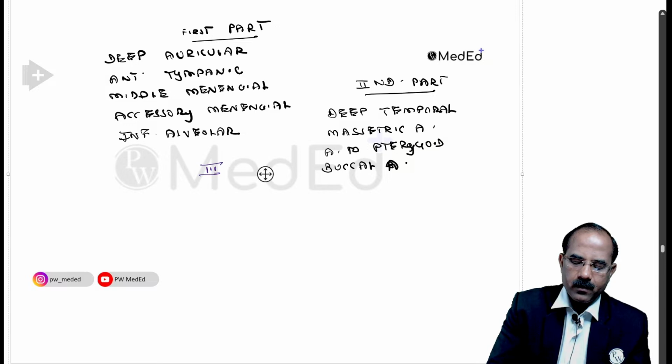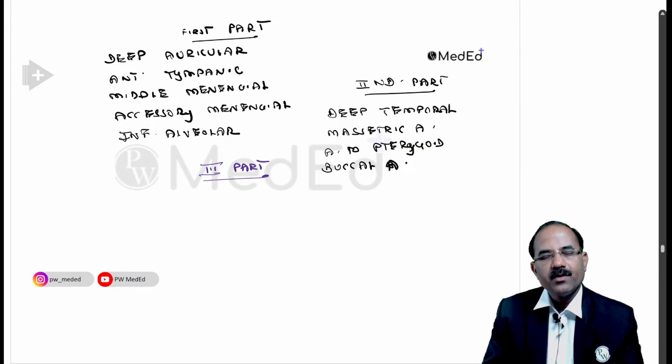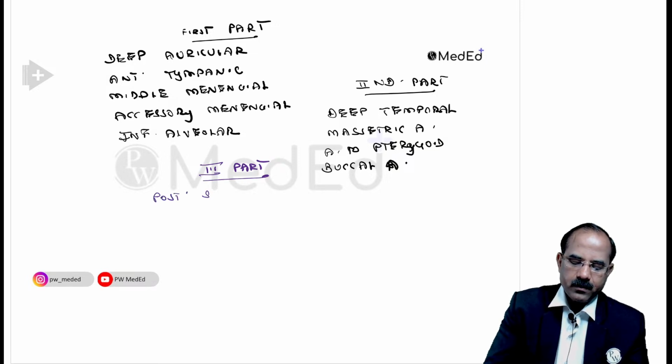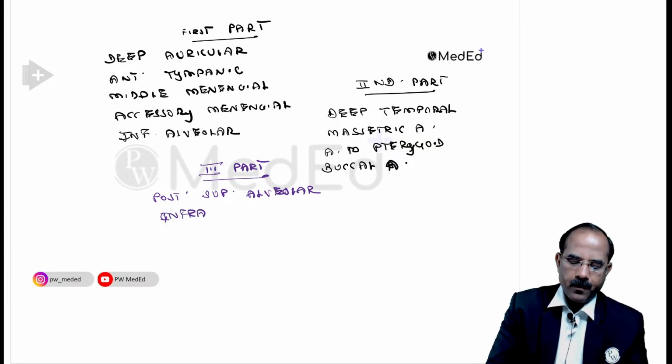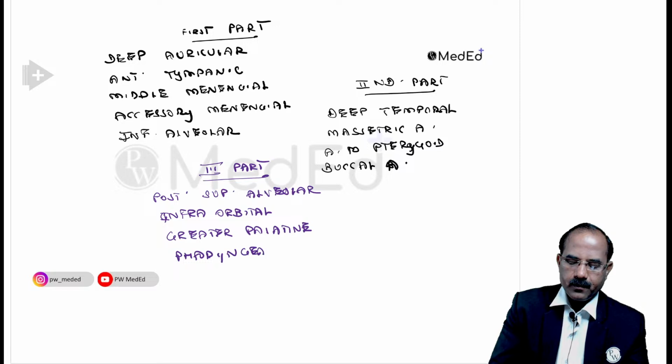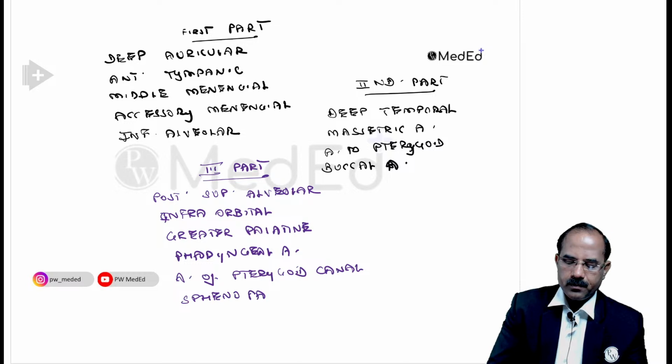Coming to the third part. The third part of the maxillary artery gives: posterior superior alveolar, infraorbital, greater palatine, pharyngeal artery, artery of the pterygoid canal, and the sphenopalatine.